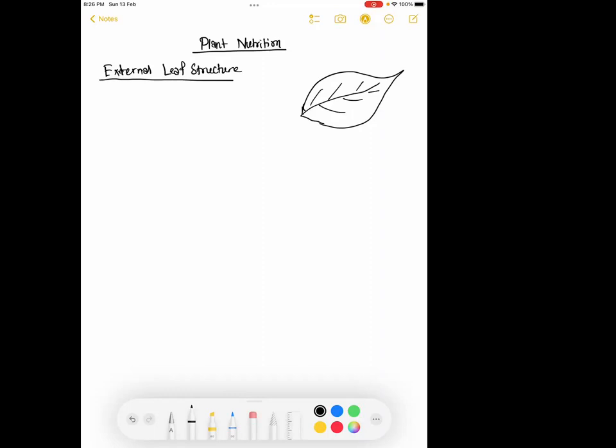So obviously we have this leaf blade or lamina. It's quite thin and obviously has a very large surface area to volume ratio.